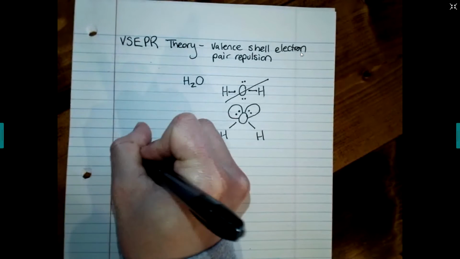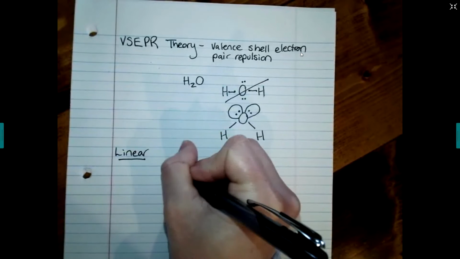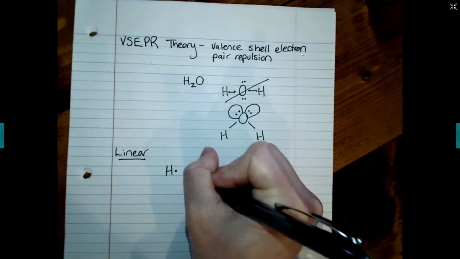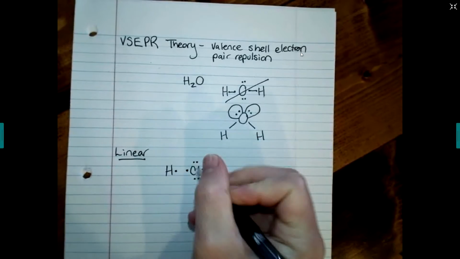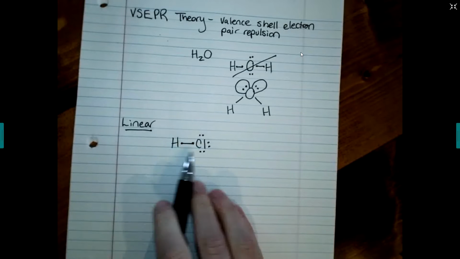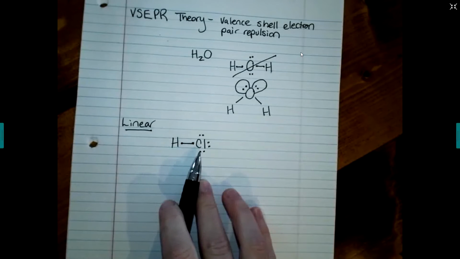So we're talking about the linear shape. In HCl, hydrogen has 1 valence electron, chlorine has 7. When you form that bond, you can see that the shape these 2 atoms are forming is just a straight line.